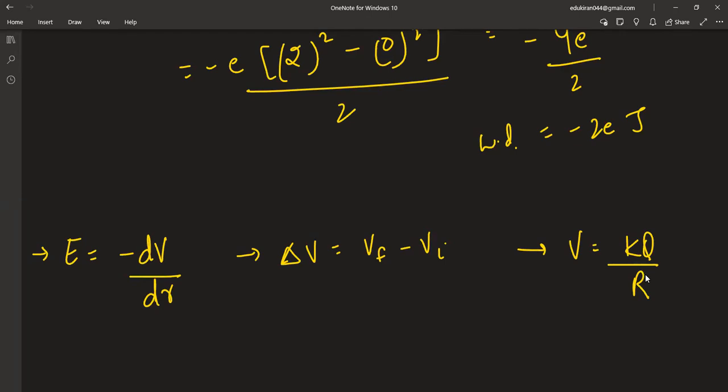All right, now coming to the superposition principle. What will be the superposition principle here? If I want to find out the net potential due to individual potentials, let's say there are V1, V2, V3, V4, nth number of potentials. How will I find the net potential at a point?